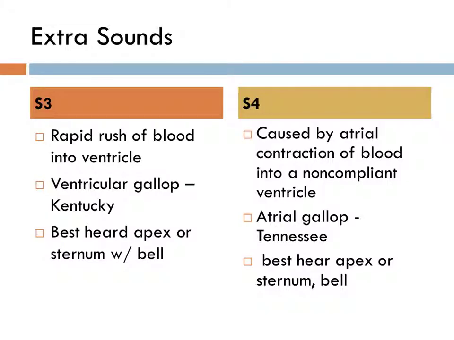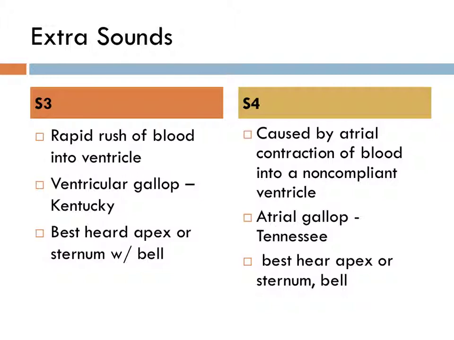When I talked about extra heart sounds or murmurs, they can be an S3 or S4. The S3 is actually caused by the rapid rush of blood into the ventricle. It's called a ventricular gallop. Murmurs are always heard better with the bell of the stethoscope. An S4 is caused by the atrial contraction of the blood into a non-compliant ventricle.